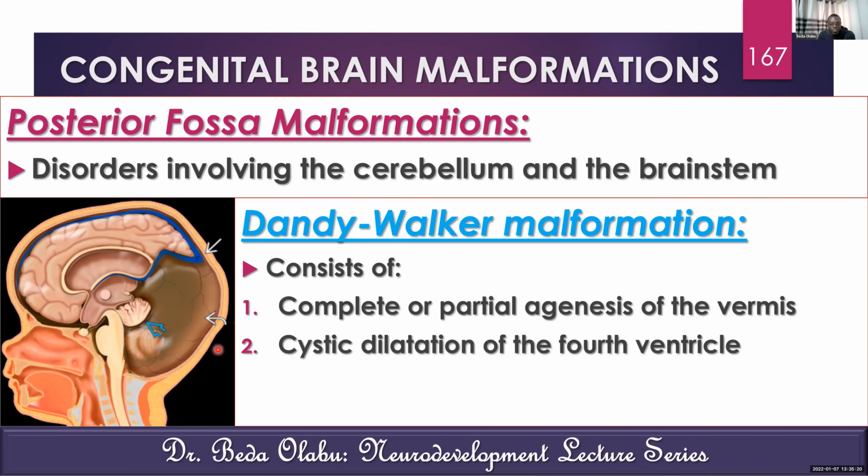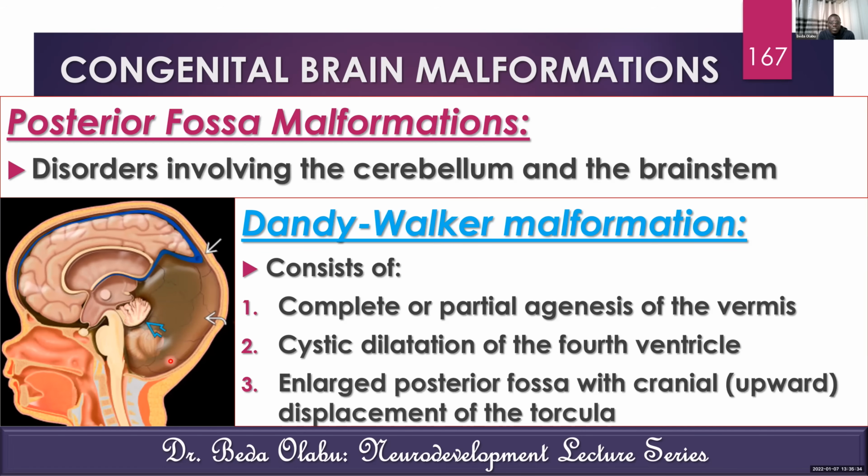Another component of this syndrome is that we have cystic dilatation of the fourth ventricle. So the fourth ventricle is enlarged. And lastly, we have an enlarged posterior fossa with cranial displacement of the torcula.